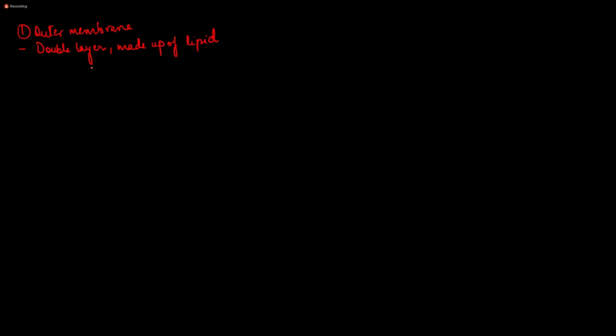Apart from this, what else did we see? We saw that porins are present on the outer membrane, and because of these porins, it makes the outer membrane more permeable.